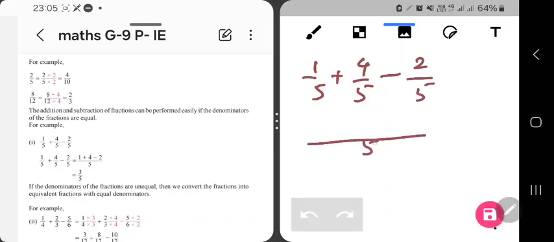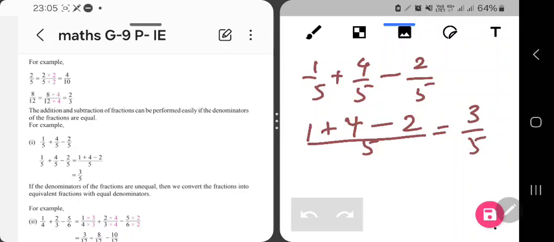You know that when denominators, the below part of the fraction, are the same, you can just do the normal calculation on the numerator, just like 1 plus 4 minus 2. So 1 plus 4 is 5 and 5 minus 2 is 3. The answer is 3 over 5 for this particular calculation.